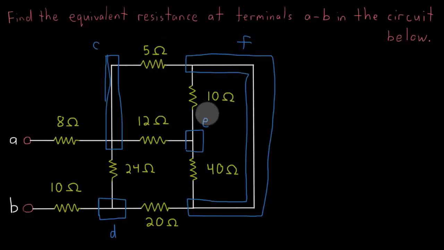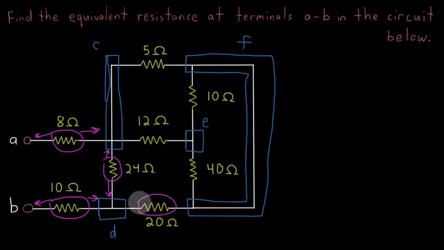Alright, so now that we labeled all the nodes, let's look at which node each resistor is connected to. If we look at this 8 ohm resistor, it's connected to terminal A and node C. This 10 ohm resistor is connected to terminal B and node D. The 24 ohm is connected to the nodes above and below, which are node C and D. And I'll just continue to do this for all of the resistors.